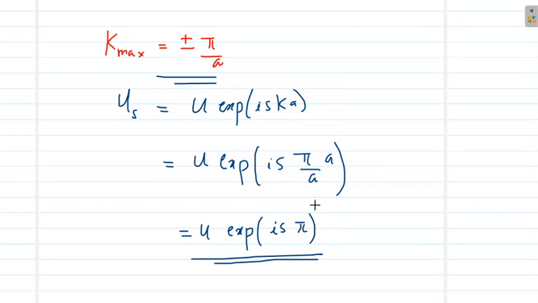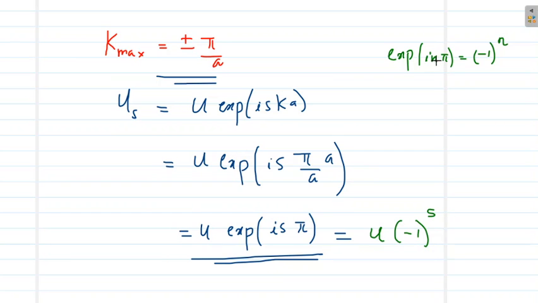Now we know this can have different values, either plus or minus 1 depending on the value of s. So we can write this, if u is a constant, as u into minus 1 whole raised to s, because exponential i n pi is minus 1 whole raised to n.